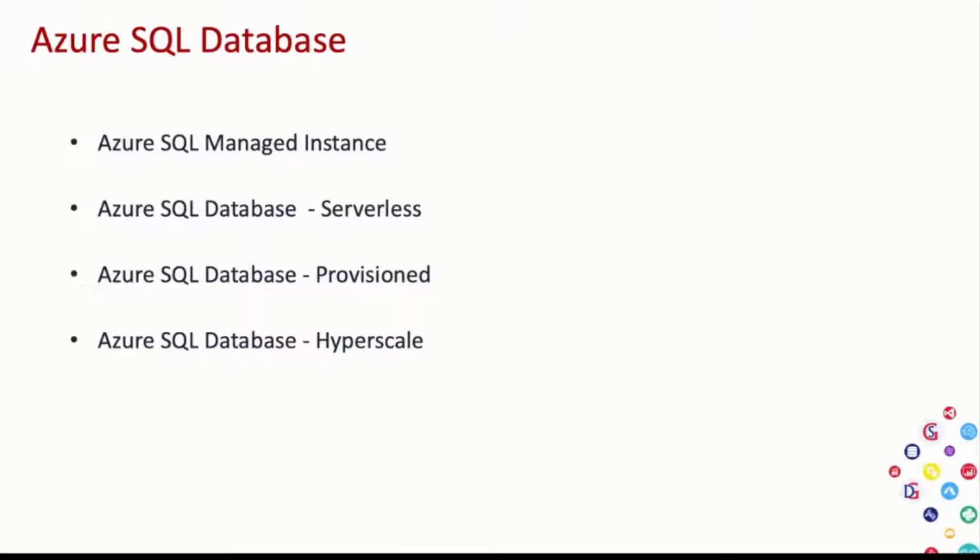The first one is the managed instance that allows us to preserve all the platform as a service capabilities with automatic patching, version updates and reduced overhead. Managed instance is designed to allow us to migrate from on-prem to infrastructure as a service, right? But it is not quite a container.